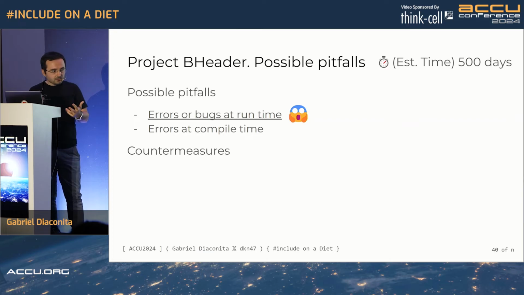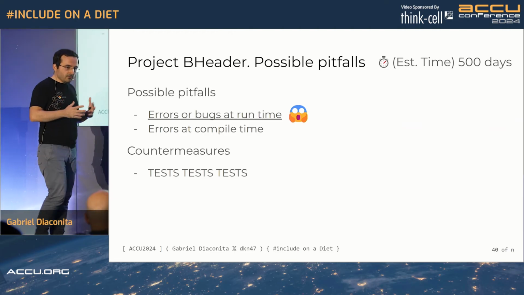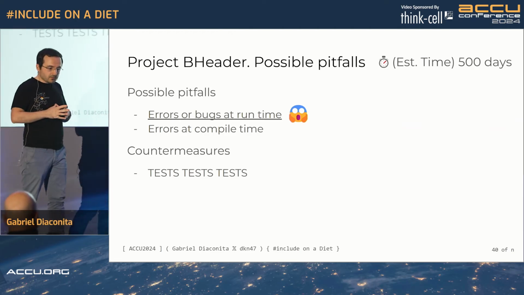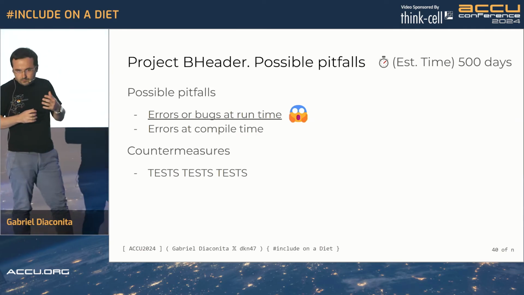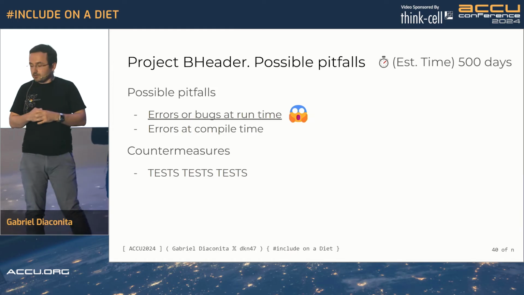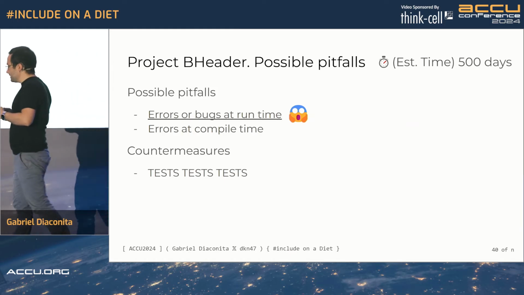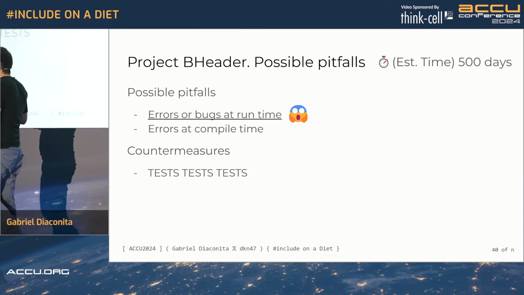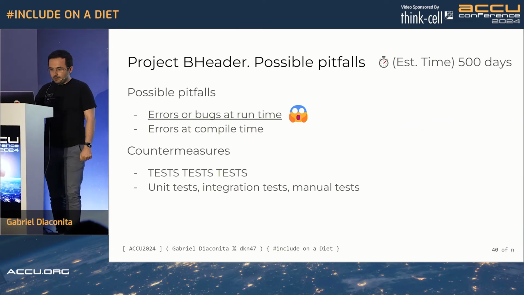As countermeasures to these concerns, we employed testing. We have an infrastructure for testing that has grown over the years, and we felt confident that these tests would help us catch problems, if there are problems.